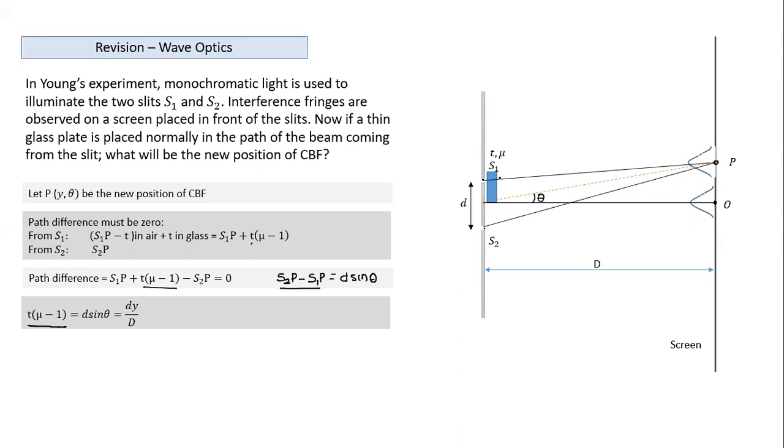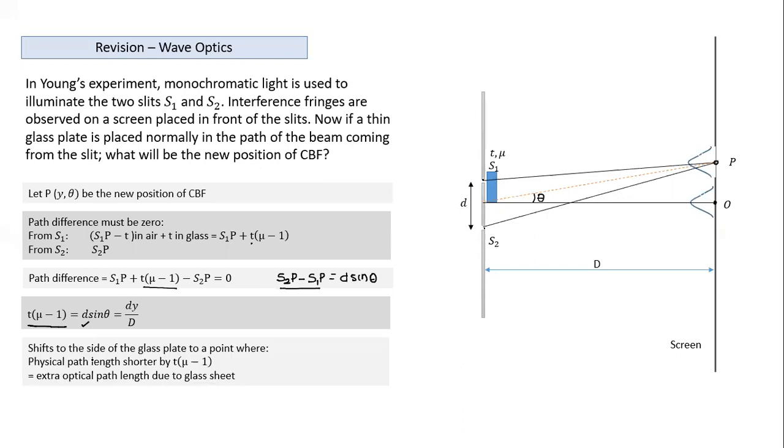The increase in optical path length is offset by the decrease in physical path length. So the shift is to the side of the glass plate, to the point where the physical path length is shorter by this much, to offset the extra optical path length due to the glass sheet. They have to offset each other.